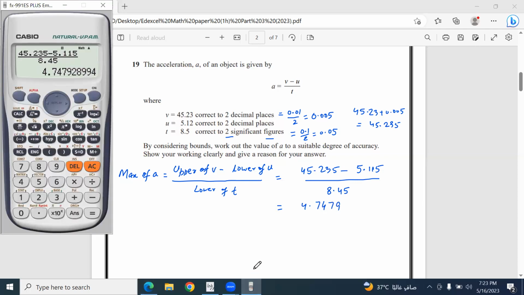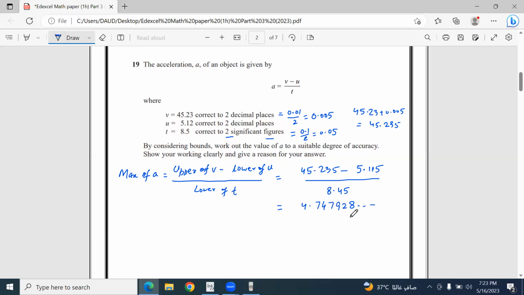If we write more values, 289 or 28 and so on. Okay, I write maximum values at the end. We will try to figure out the suitable value of a. So this is the maximum value, and as well we will try to figure out the minimum value of a.